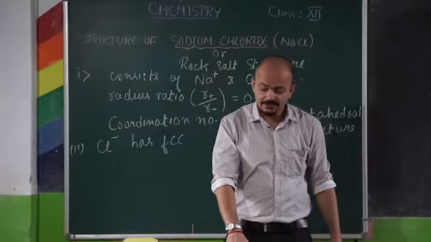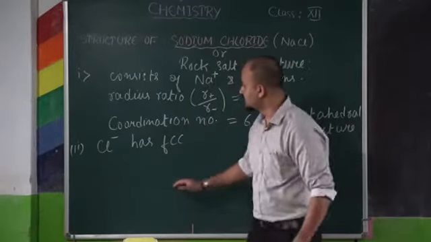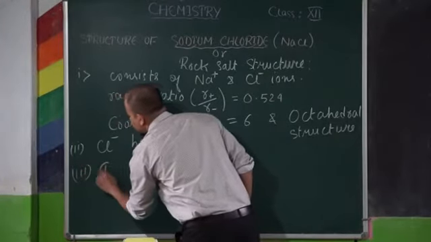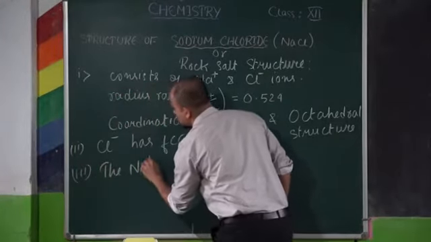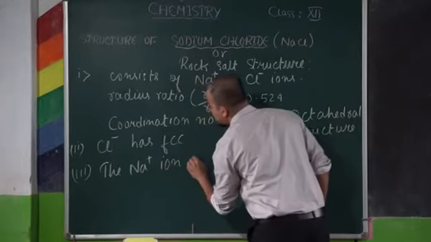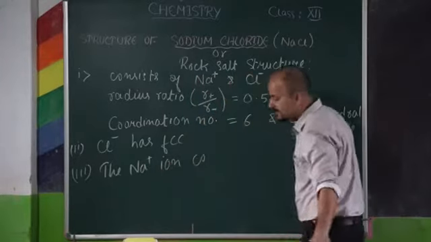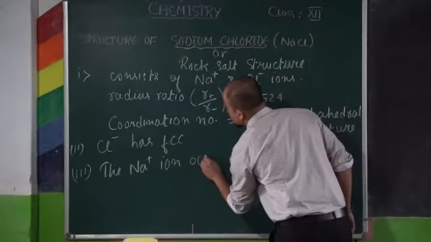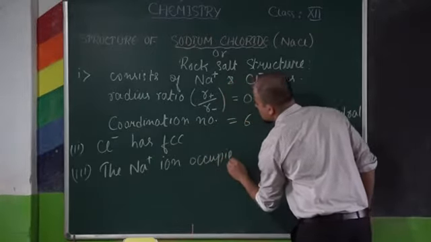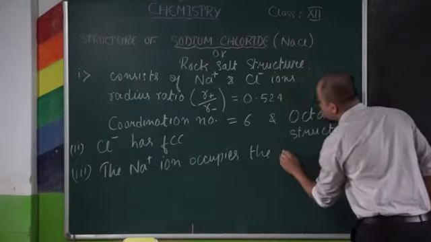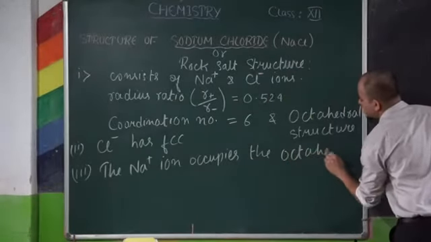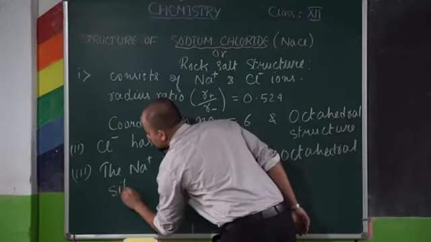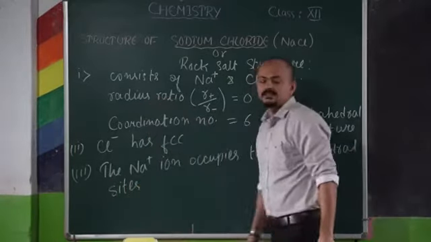The next point that we have to remember is the sodium ion. The Na+ ion occupies the octahedral sites formed by Cl- ion.